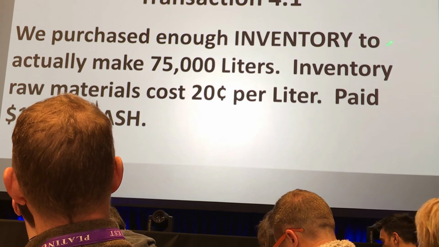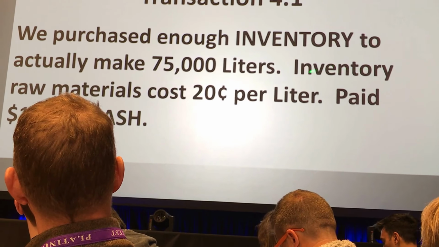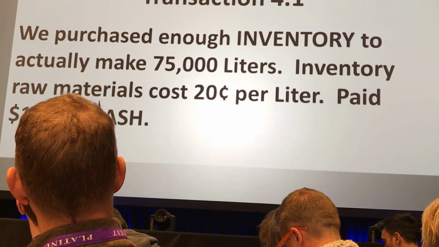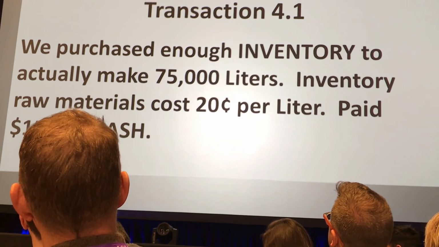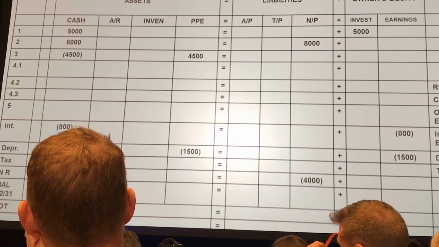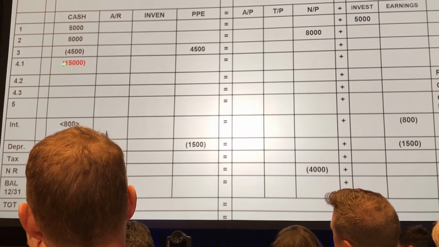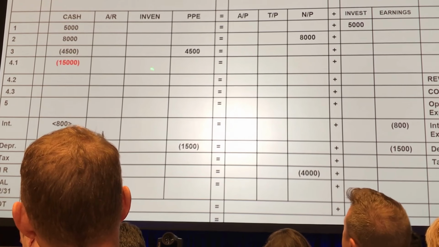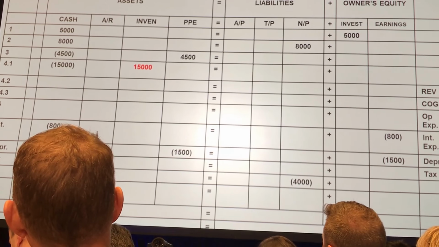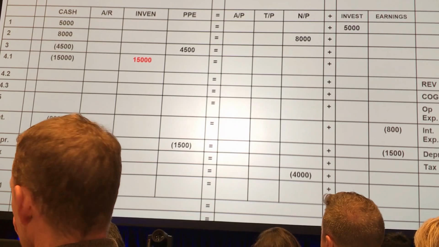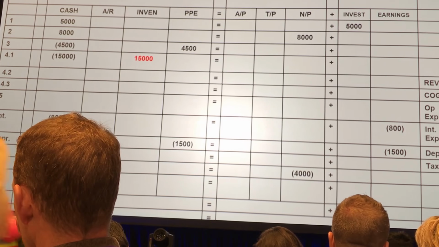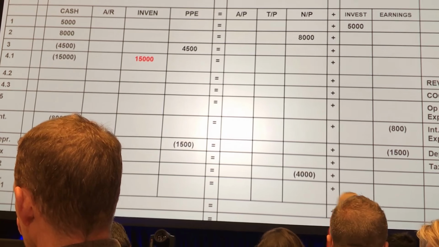This is the amount we purchased throughout the year, so that when we get to the end of the year and add up all the money that got spent, I used a total of $15,000 of cash to buy a total of $15,000 of inventory. I just didn't do it all at one time. Are you with me? Yeah. Good. Give him a hand. Nice job. Thank you.